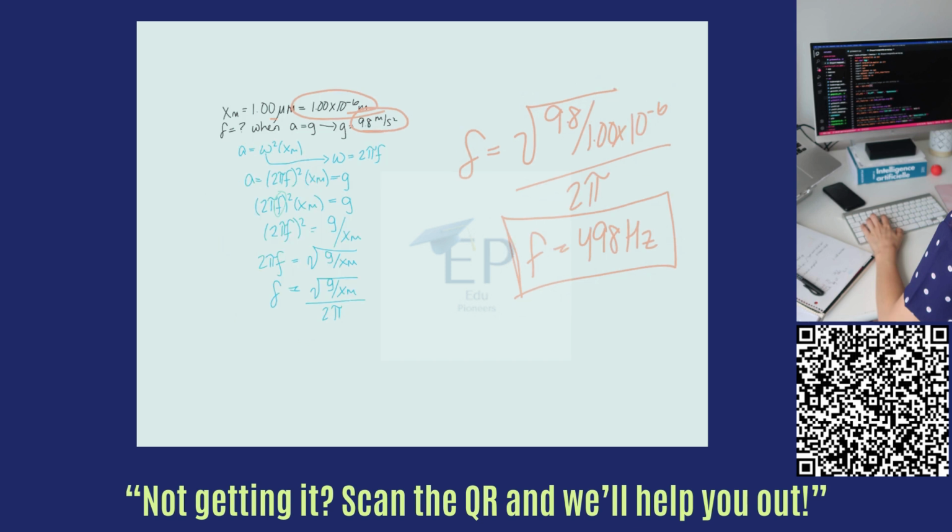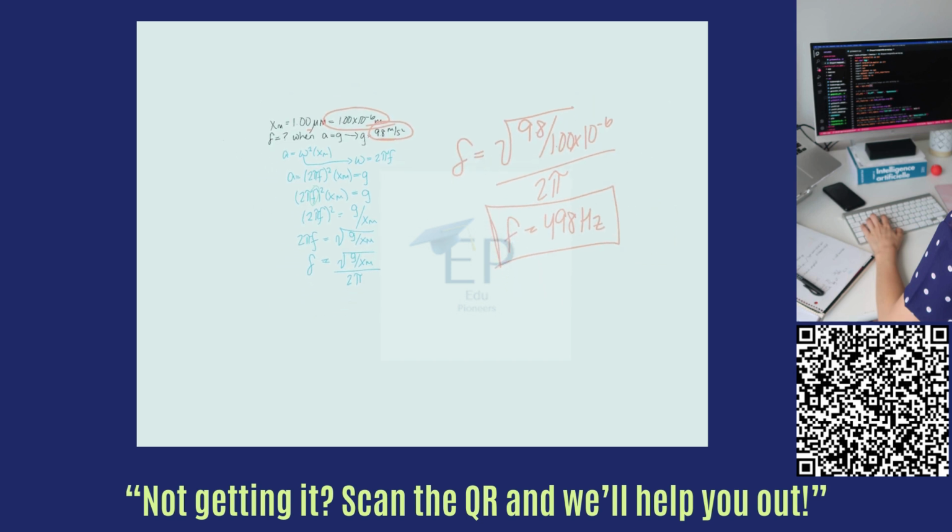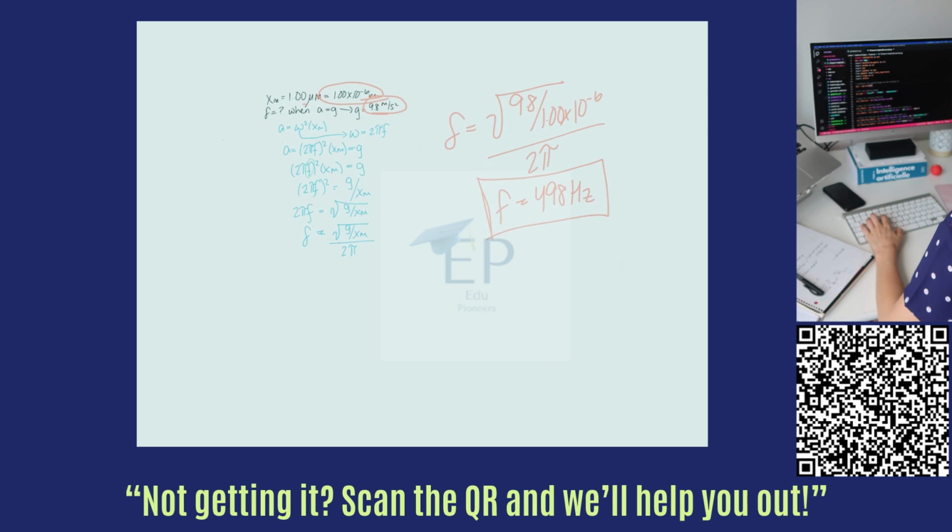Now part B of this problem is asking, for greater frequencies, is the acceleration going to be greater or less than G? So for this, let's just look at our equation.